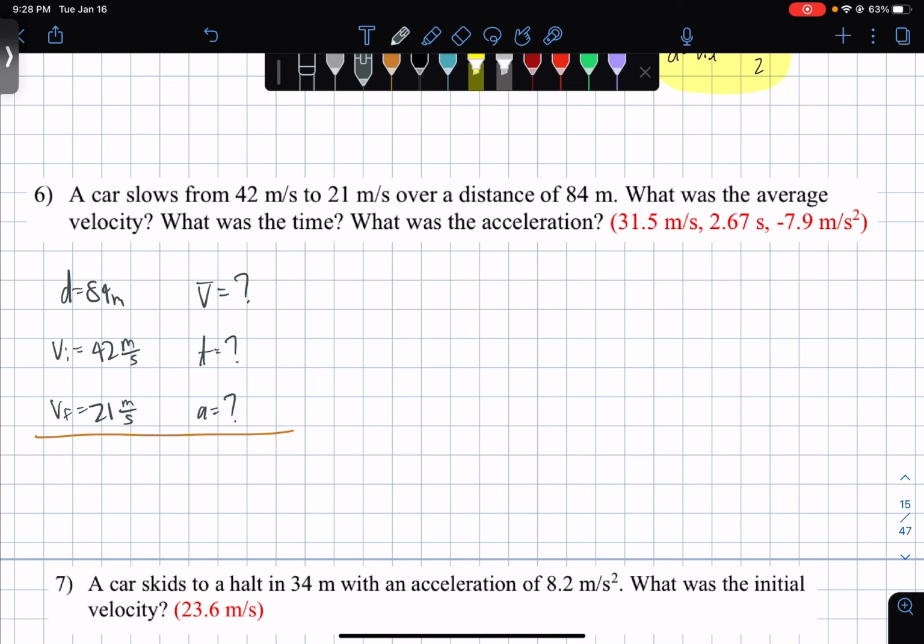Okay, so average velocity is equal to VF plus VI over 2. VF is 21 meters per second. VI is 42. 21 plus 42, that's 63. 63 divided by 2 is 31.5. Double check. Nice. So it's 31.5 meters per second.